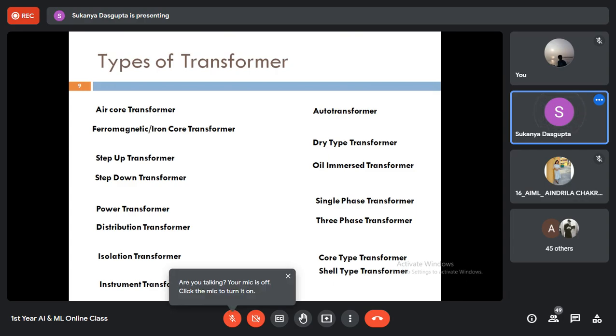Actually, in an auto transformer, the primary winding and secondary winding are closely wound around each other, around the same core. Above the primary winding, around the core, the secondary winding is wrapped, and a part of the secondary winding is connected to the load side.